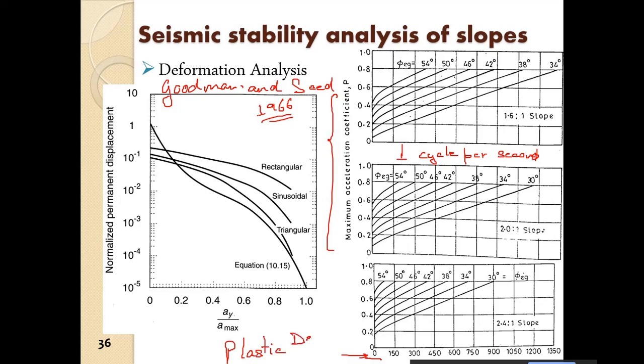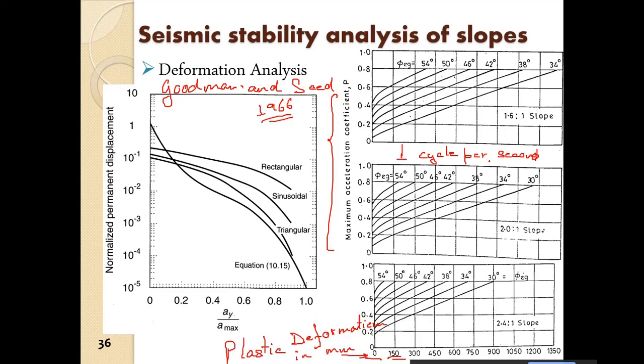This is the plastic deformation, that means the deformation which cannot be regained again. That is the plastic deformation in millimeters, for 1 cycle per second and for a sinusoidal acceleration time history.